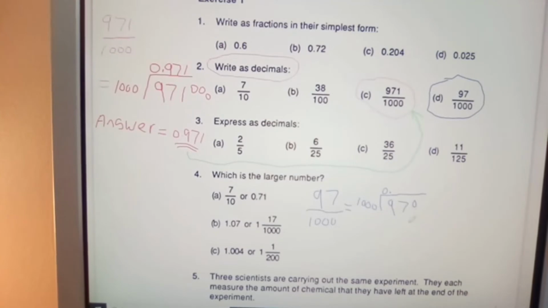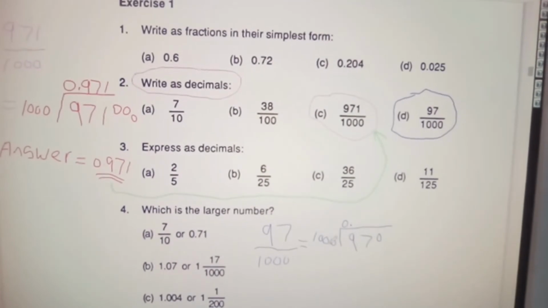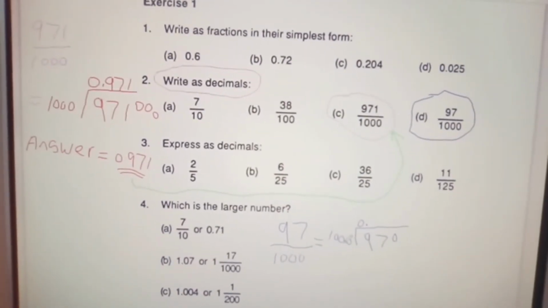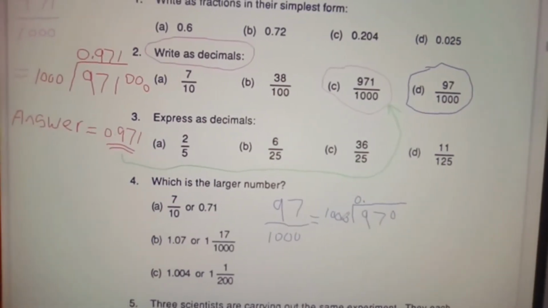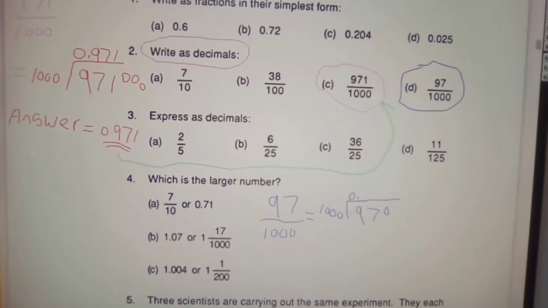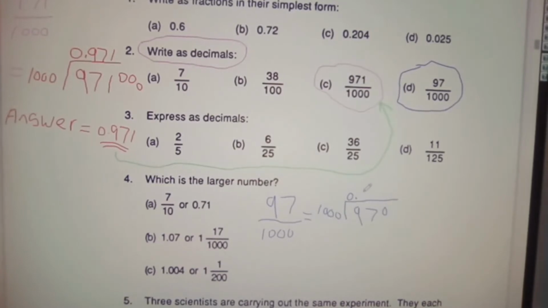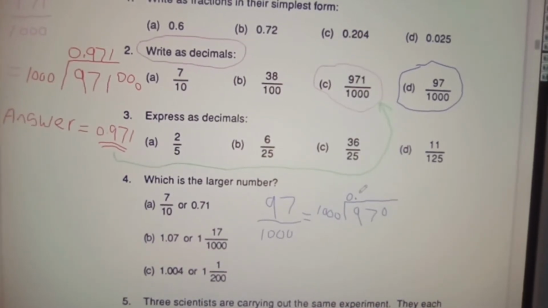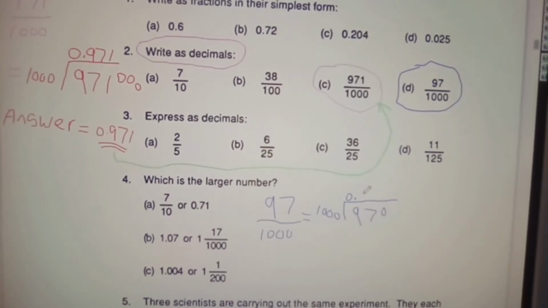Right, 1000 into 970, how does that go? It can't. So we add a 0 here, okay?